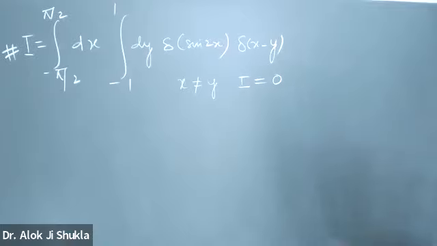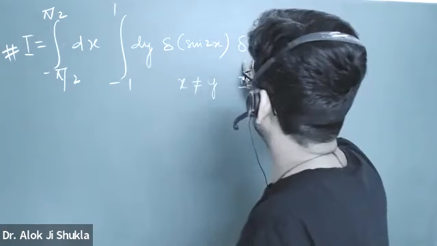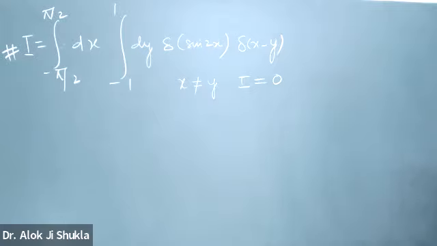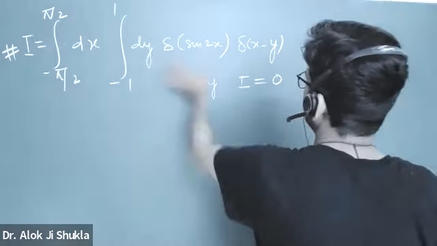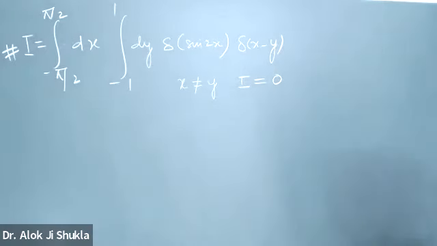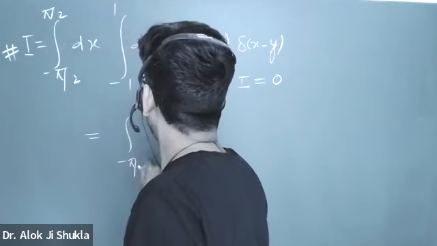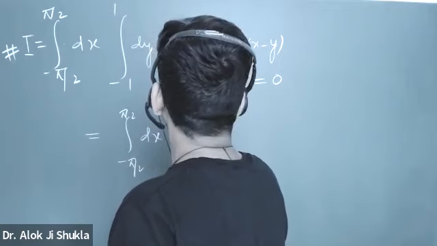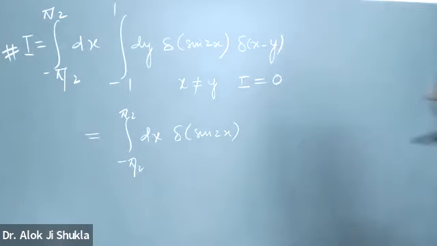So as soon as you take x is equal to y, this dy integral becomes 1, and we are left with integral from minus pi by 2 to pi by 2 dx delta function sine 2x. Yes?